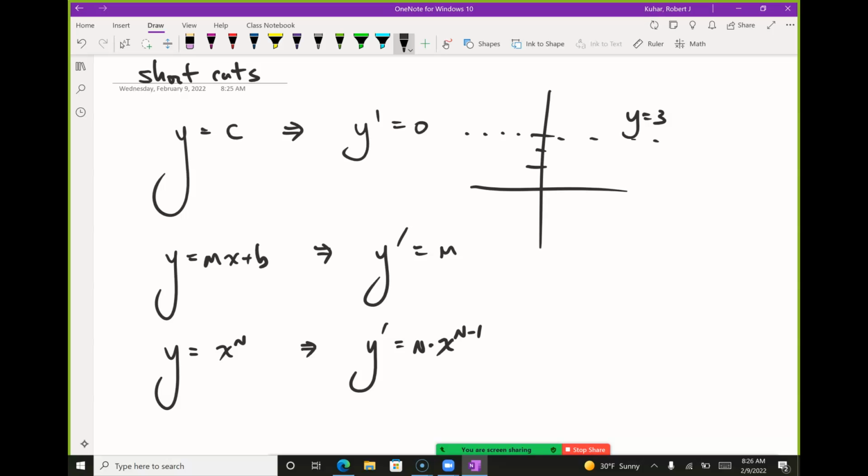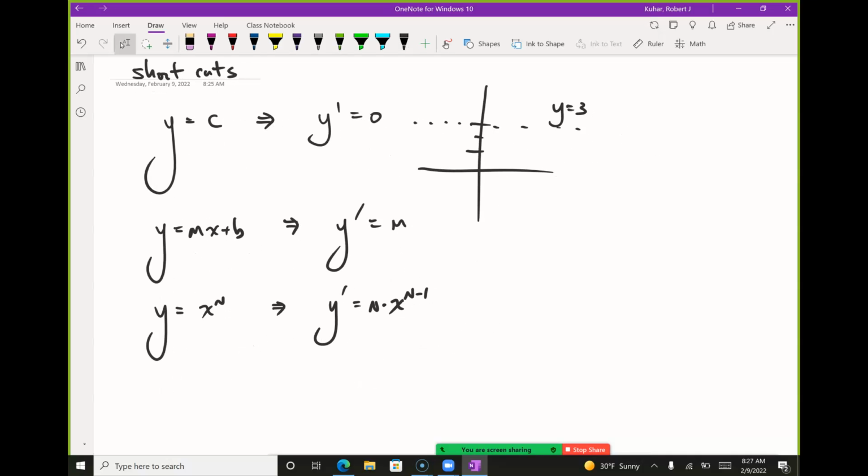We're bringing down the power and then reducing the power. Why does it make sense that I'm reducing the power by 1?